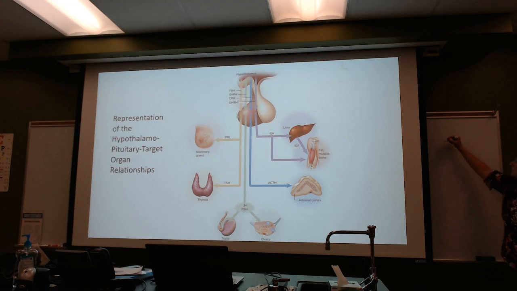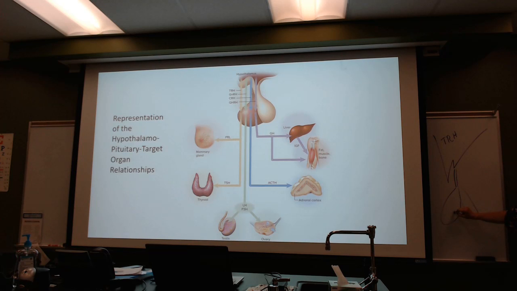So if we think about that structure of the hypothalamus and the connection to my pituitary gland, if I have that thyrotropin releasing hormone get secreted, that means that it's going to travel by way of... Do you guys remember how the information travels from the hypothalamus to the anterior pituitary?